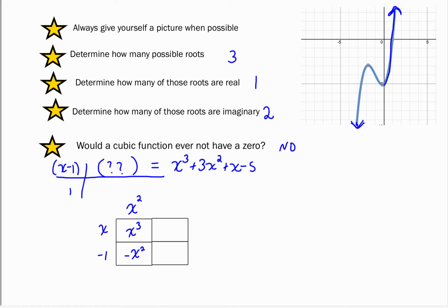Next thing I'm trying to find is x squared, and that has to be 3x squared. So this must be 4x squared. Remember, along this diagonal right here, they have to add together to get me 3x squared. So that would be 4x. That would be minus 4x. Still need one more table.